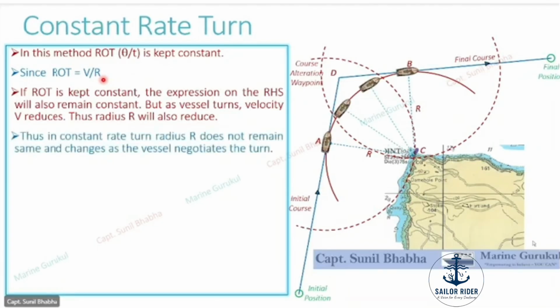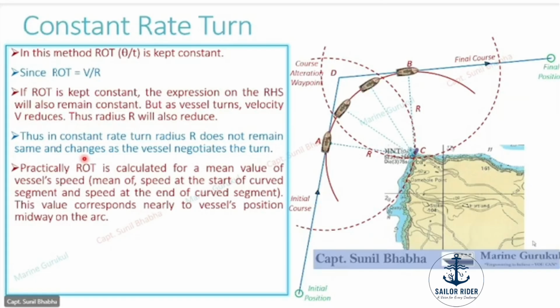Now when we actually practice this kind of execution, to take care of this reduction of radius, the rate of turn is calculated for a mean value of the vessel speed. That is, the mean of the speed at the start of the alteration and the speed at the end of the alteration.